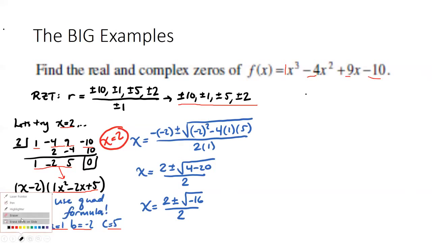I'm going to think of the square root of negative 16 as the square root of negative 1 times the square root of 16. Well, the square root of negative 1, we know what that is. We actually defined that to be i.